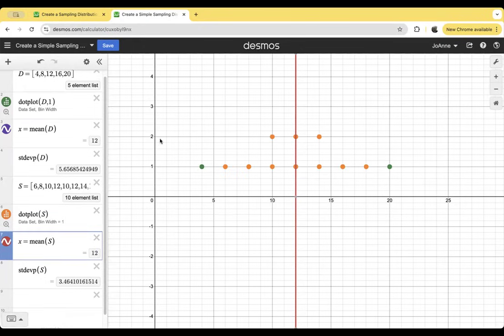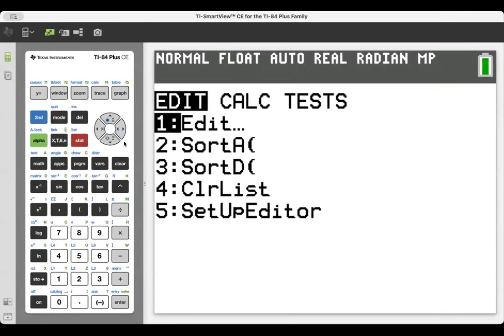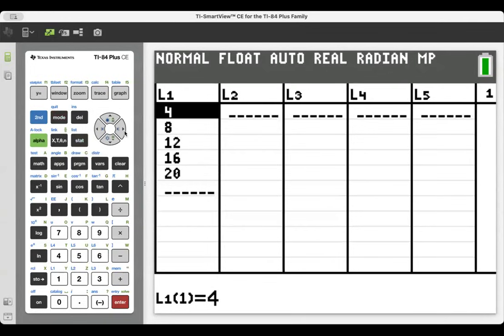Let's go back to the calculator, and we're going to put in the 10 sample means, and we're going to calculate the mean of all those sample means and the standard deviation of all those sample means. So let's go back into a list, an empty list. Let's choose L2 now, and let's put in the entire collection of sample means.